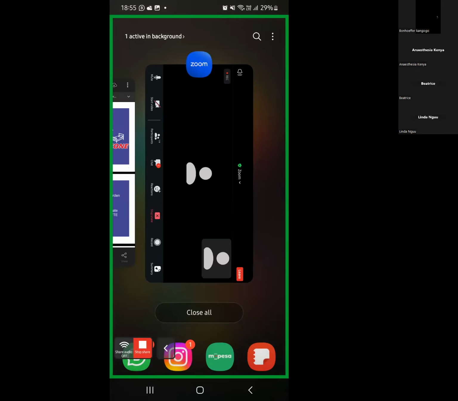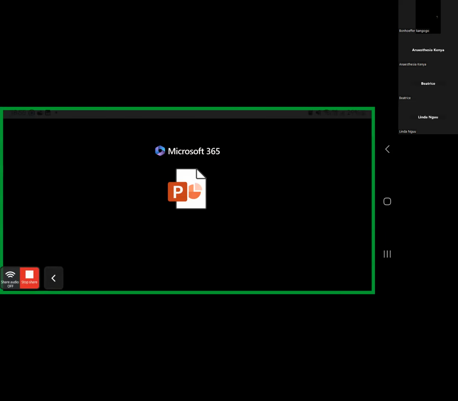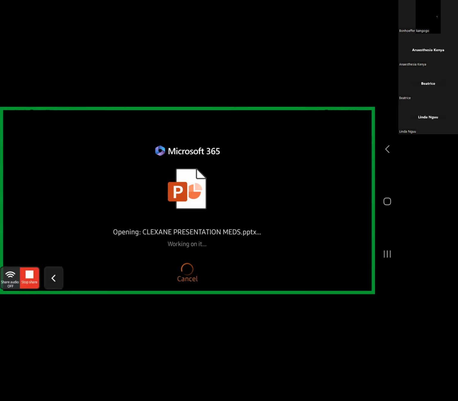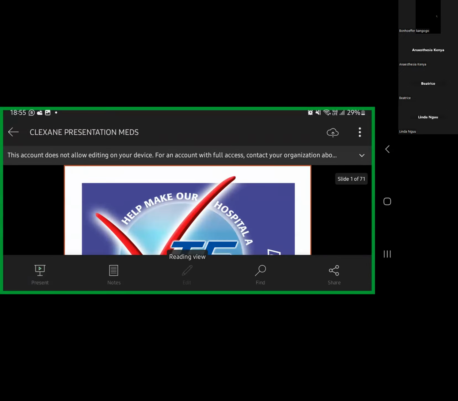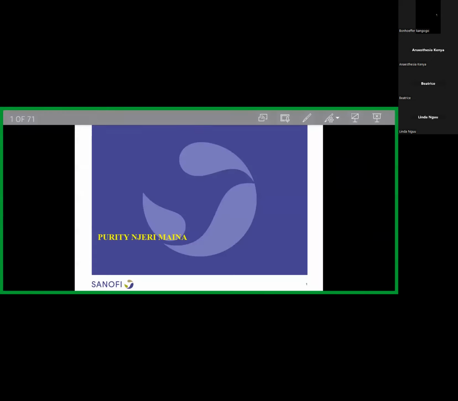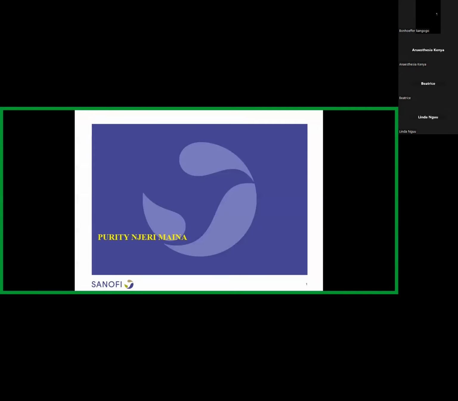Can you see my screen now? Sorry, I'm using my phone. Yes. Yeah, I had to switch devices, but I hope this works. We are good? We are good. Can you see now? Yes, now we can see.